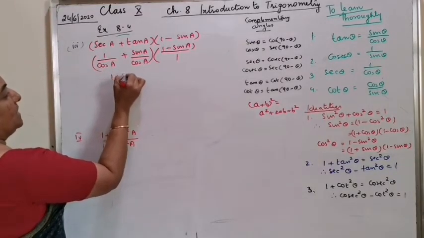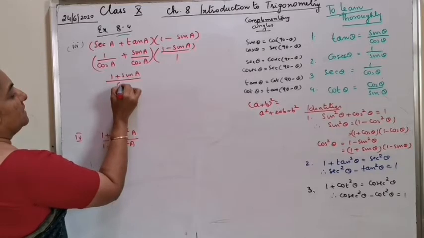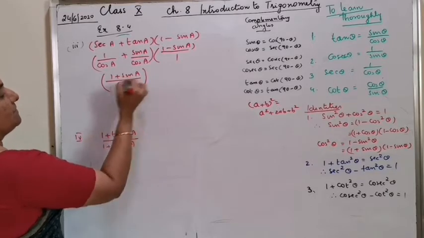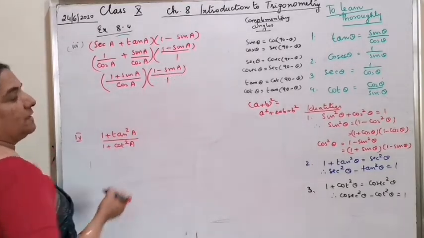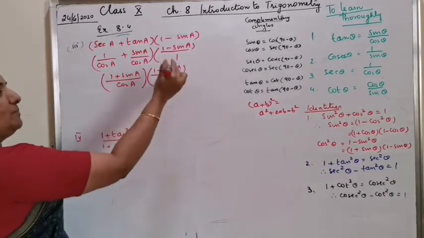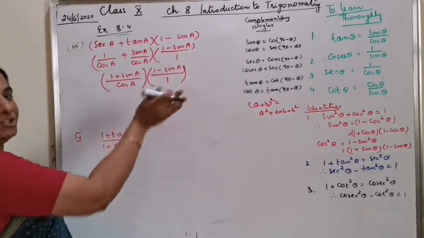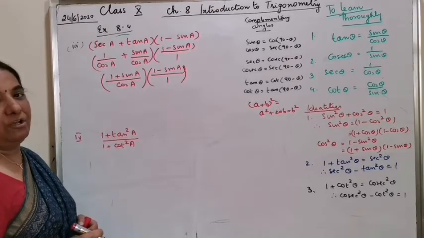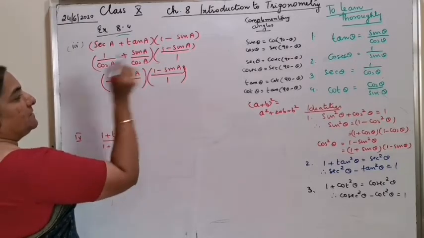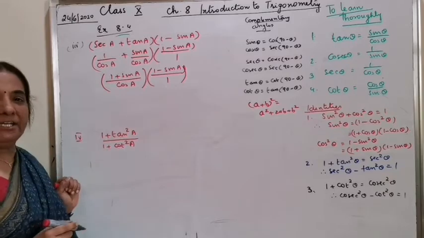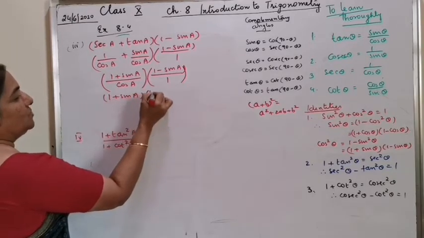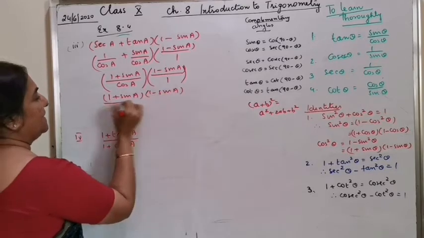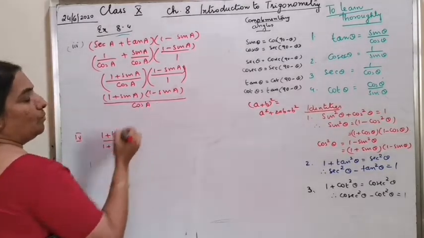The LCM gives 1 plus sin A by cos A, into 1 minus sin A by 1. I am just adjusting this to make you understand that it is similar to multiplication of fractions. Multiply the numerators and multiply the denominators.